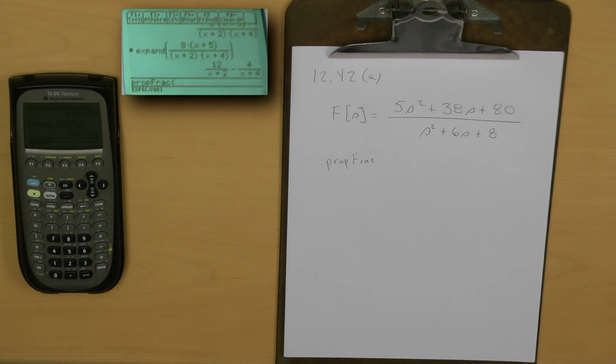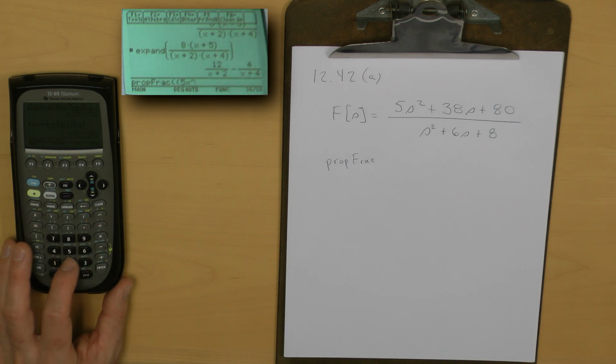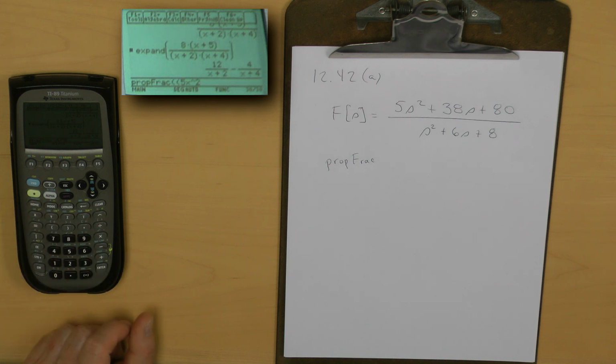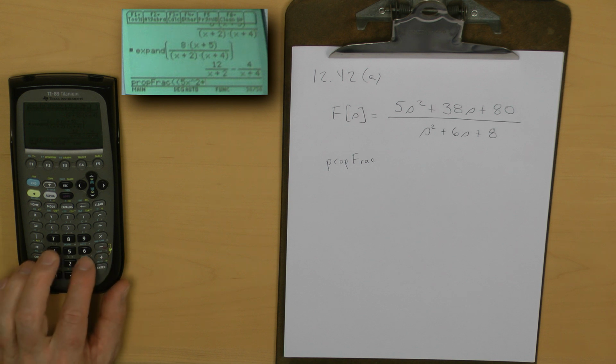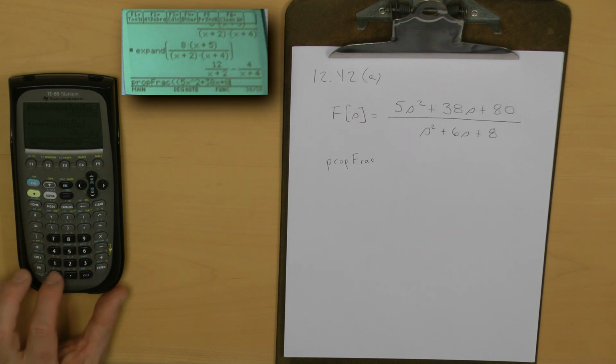I can now input the expression, and I'll put the numerator inside parentheses and divide that by the denominator that will also be inside parentheses. I will now say left parenthesis 5x squared, and I'm using x instead of s because x is a key right there on the front of the calculator, plus 38x plus 80. That's my numerator. I'll close that parenthesis.